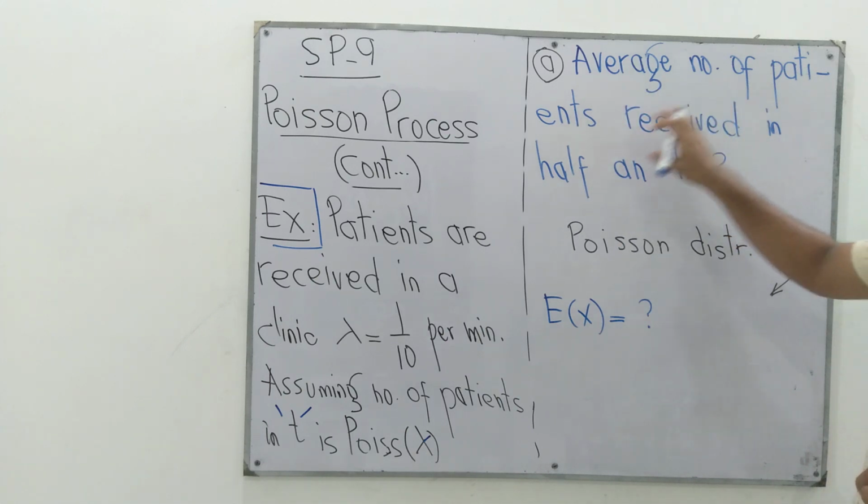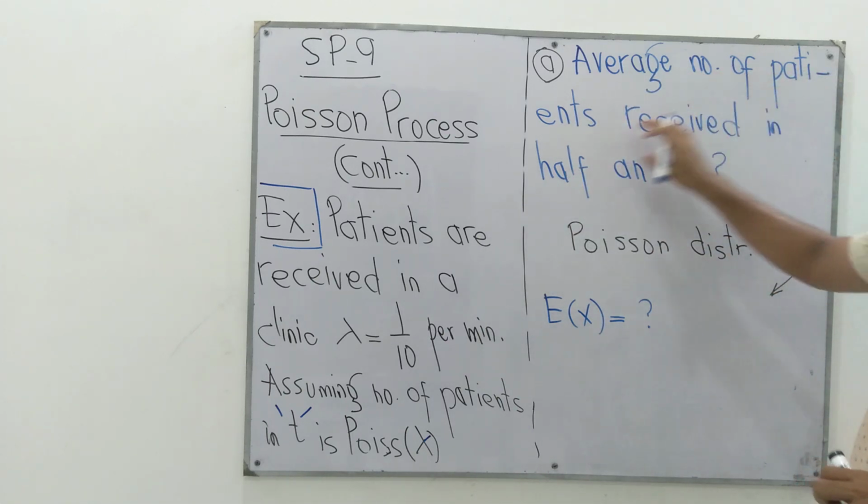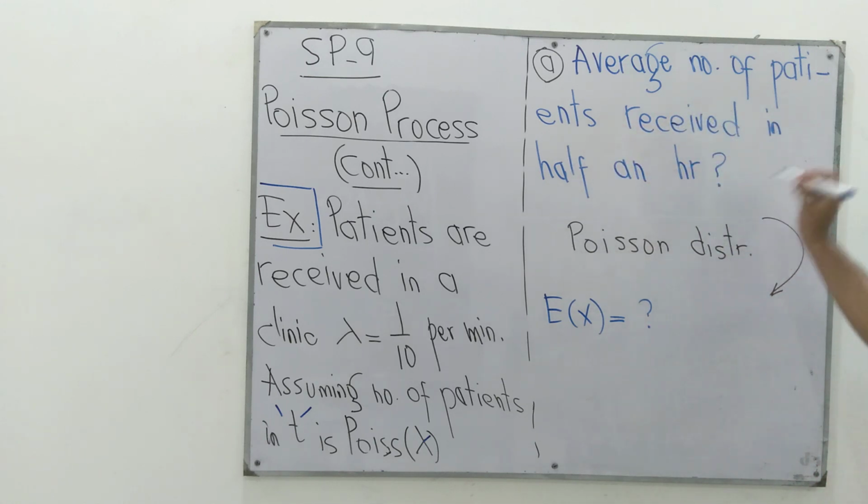In part A of the example, we are required to find the average number of patients received in half an hour. Half an hour means 30 minutes.